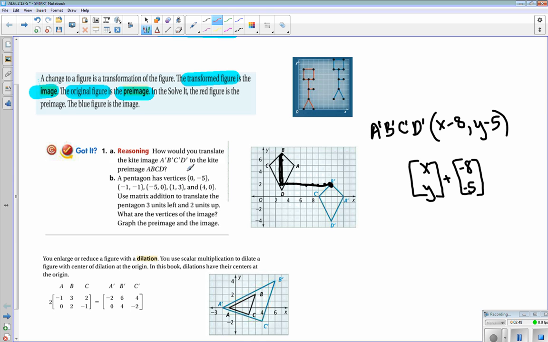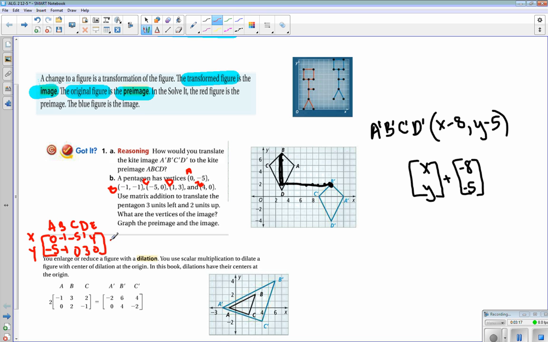We'll call this A, B, C, D, and E, and then you have x and y. So you go 0, negative 5, negative 1, negative 1, negative 5, 0, 1, 3, and 4, 0.